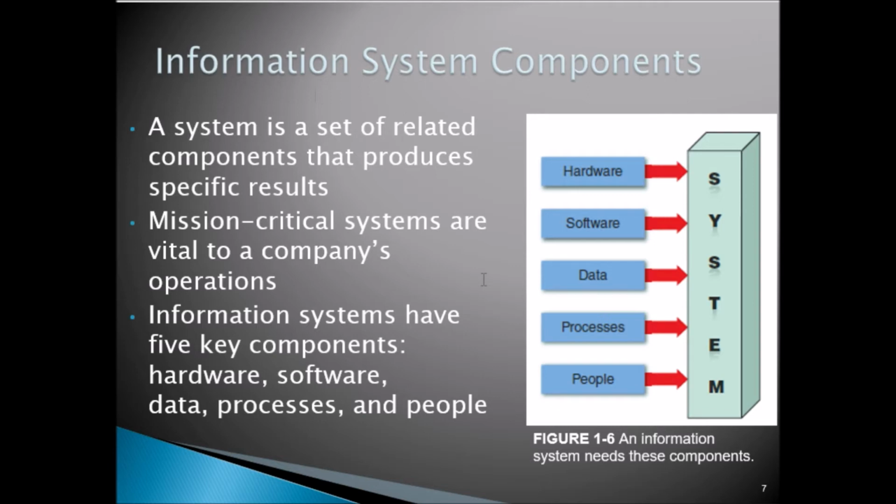So these systems are mission critical, as you know. And the 5 components which we mentioned earlier, I'll list them off now. There's hardware, software, data, processes, and people. And yes, people make a big difference, and they are considered part of the system. Different people provide different inputs. Some people don't provide inputs at all.